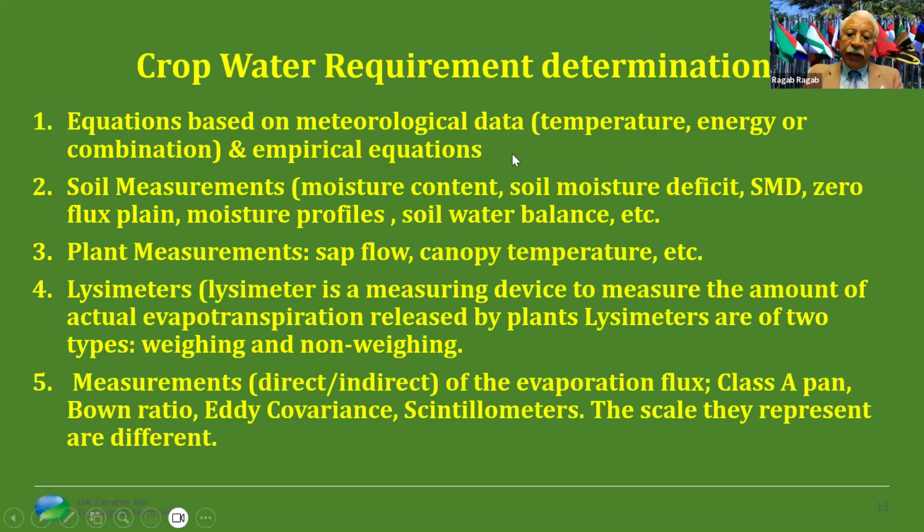Equations based on hydrological data, temperature, energy, or a combination, empirical equations, soil measurements like soil moisture content, soil moisture deficit, zero flux plane, moisture profiles, soil water balance, plant measurements like sap flow, mostly for orchards, canopy temperature, or the difference between the canopy and atmosphere temperatures, lysimeters, weighing and non-weighing lysimeters, measurements, direct and indirect, like Class A pan, scintillometer, Eddy Covariance, Bowen ratio.